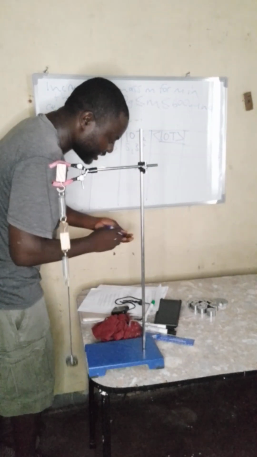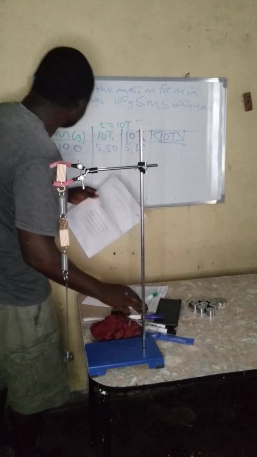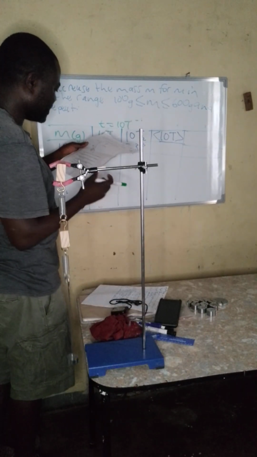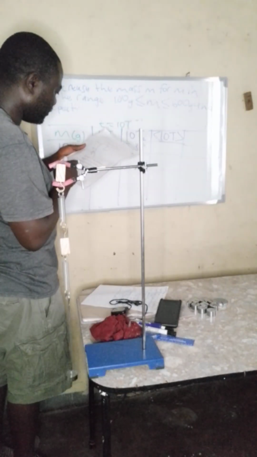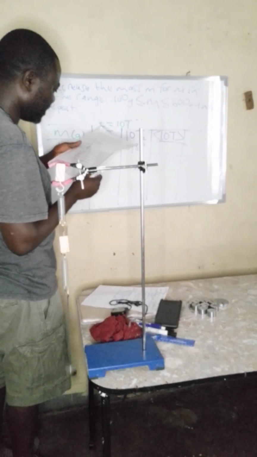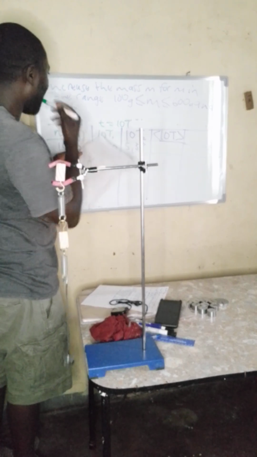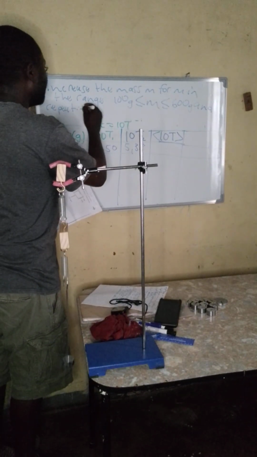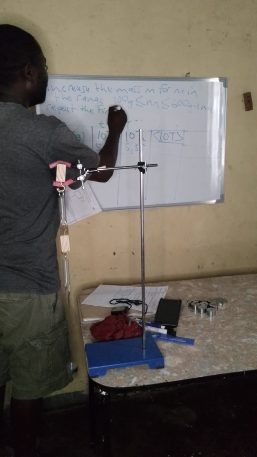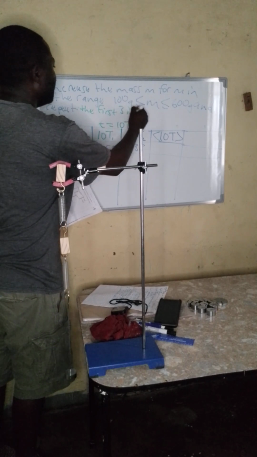The fourth instruction is saying increase the mass M for M in the range 100 and repeat the first 3 instructions.